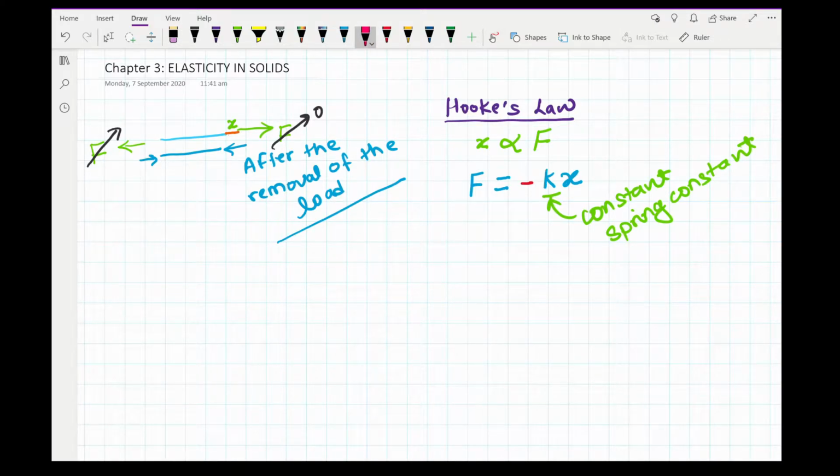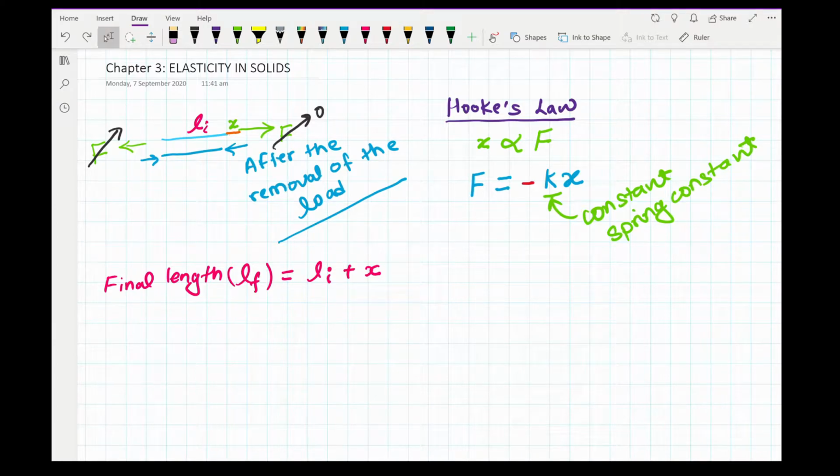If we consider its original length to be L, then our final length will be, let's say this is initial length Li plus x, where x is the extension due to the applied load. Now there is one term here which is known as strain.